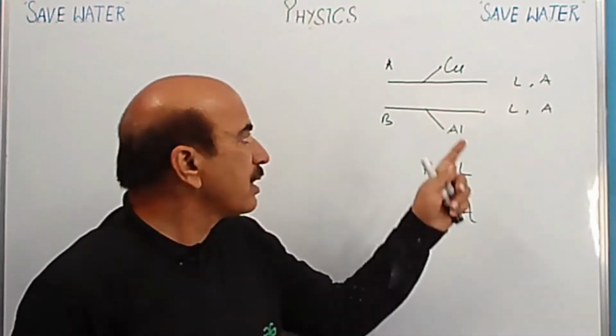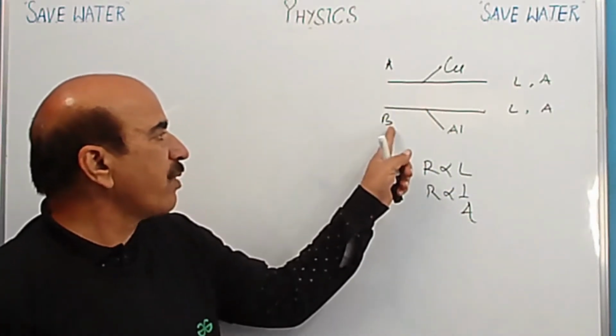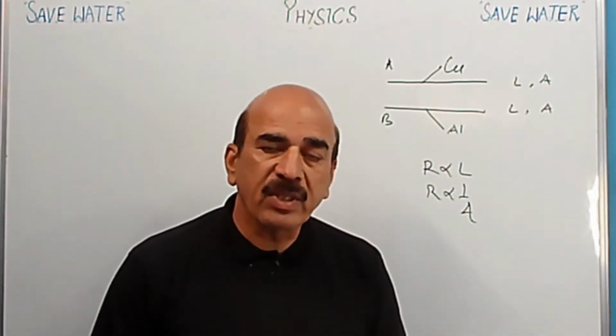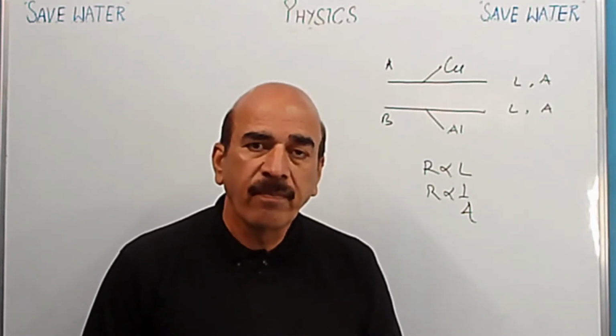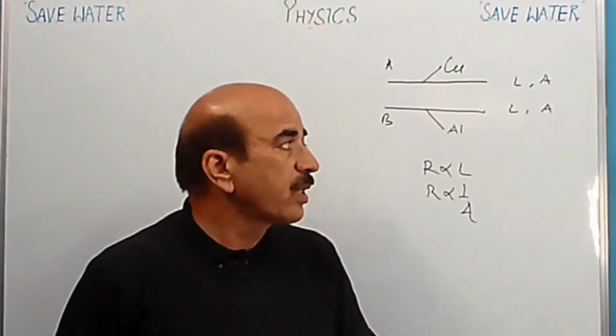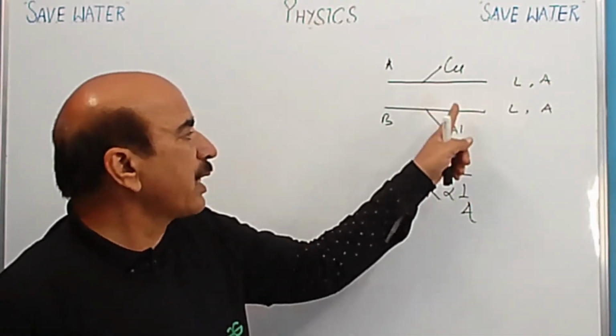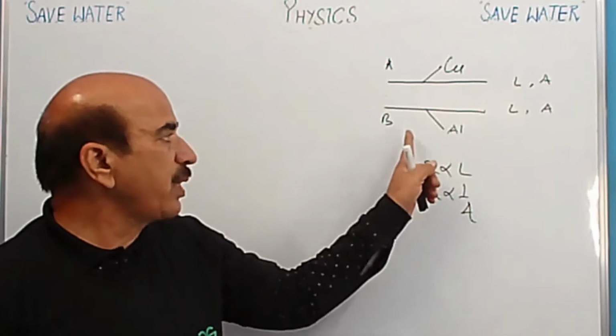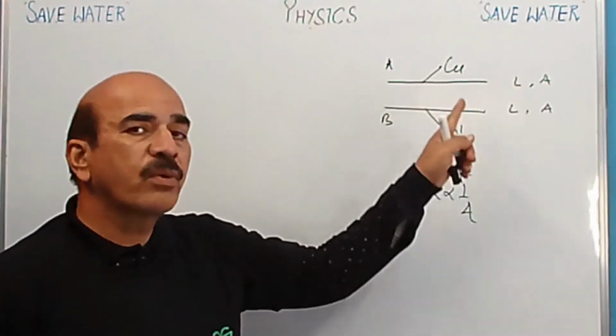Yes or no? Resistance of A wire and B wire should be same or not, because length is same, area of cross section is same? No, resistance will not be same, because here it is made of copper and it is made of aluminum. So B is made of aluminum, A is made of copper.